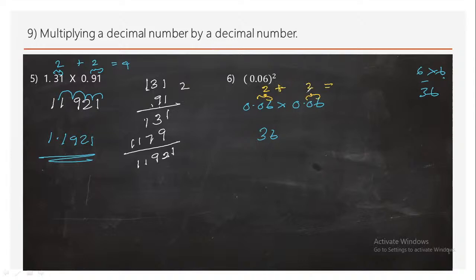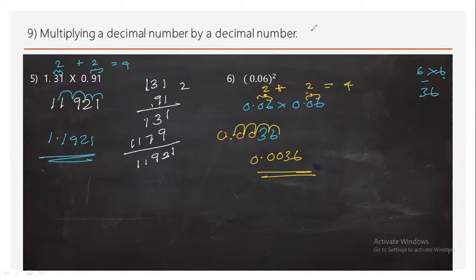Then 2 and 2, 4 decimal places. Now separate 4 decimal places. Then 1 place, 2 place, 3, 4. So what is the answer? 0.0036 is the answer.